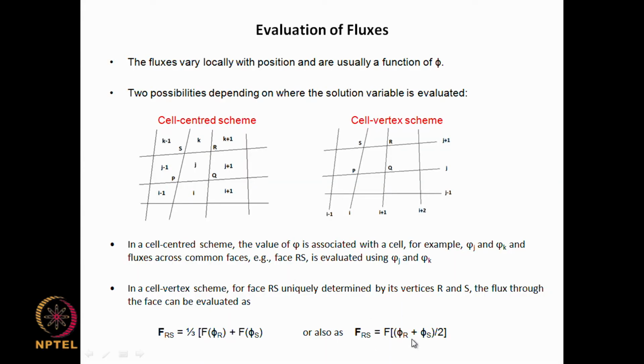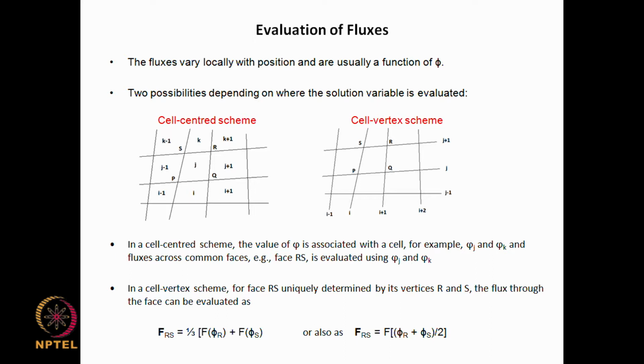Either making use of the two vertices that together define the surface in this case, or in this case the two cells which share this common face, if you make use of those to evaluate that, then it will be correct.